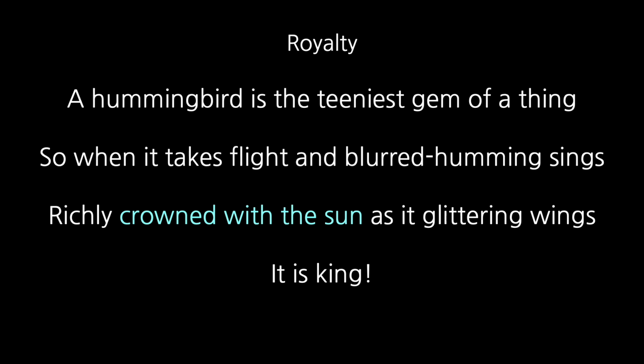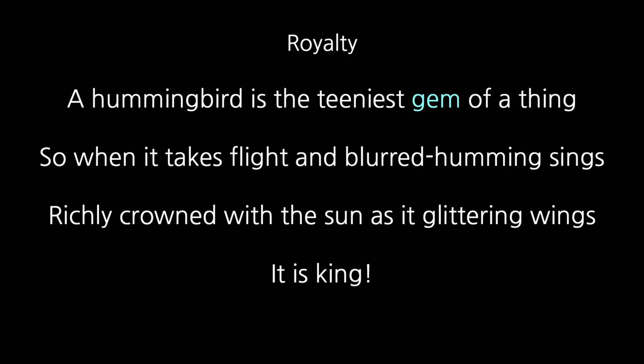So we can go back to the first line, look at that word gem, and contemplate the fact that the hummingbird, because of its iridescent plumage, looks as if it's covered with gemstones. Imaginatively speaking, you could say that.